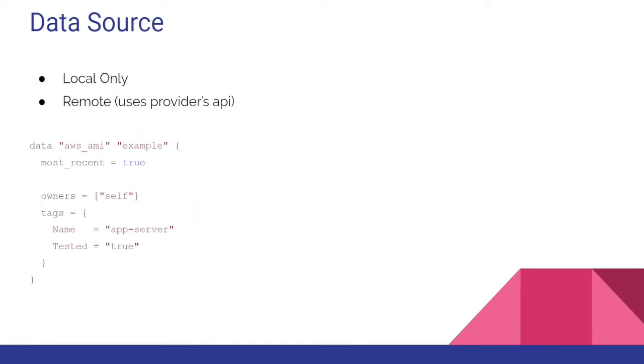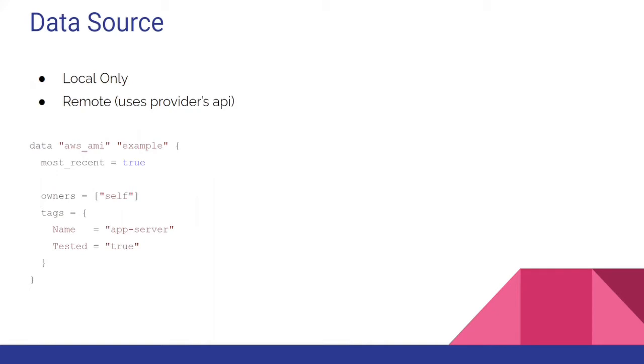The second type is remote, which depends upon the provider's exposed API. For example, if I want to get the information of a bucket or any EC2 instance created, I can use this data block to get that information from the provider's API.